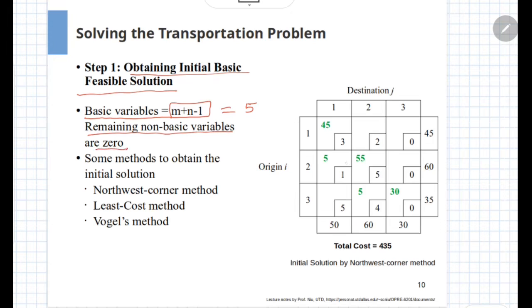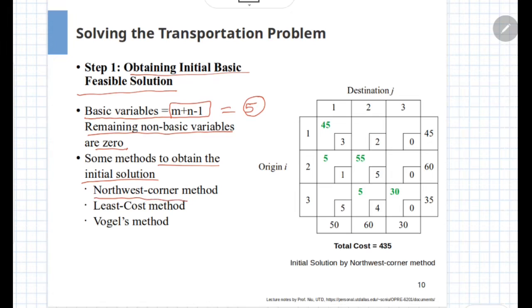So out of the total 9 variables in this particular problem, 5 will be non-zero, and the remaining will be 0. In order to obtain this initial basic solution, which will seed the further solution, there are different techniques available.